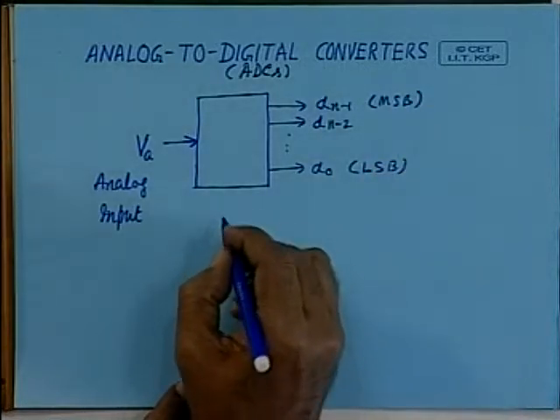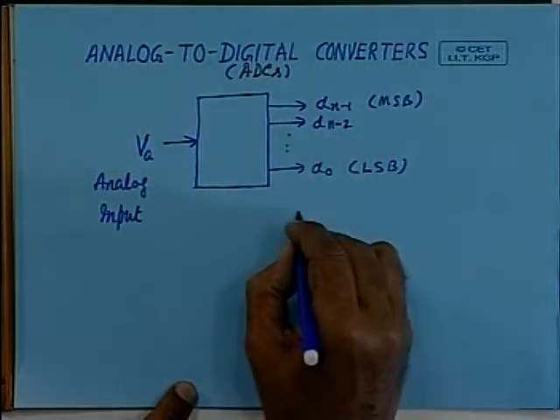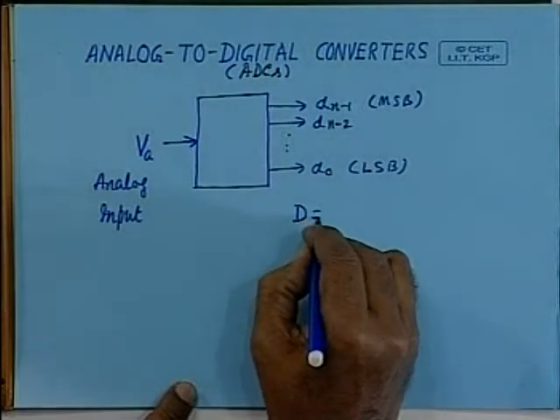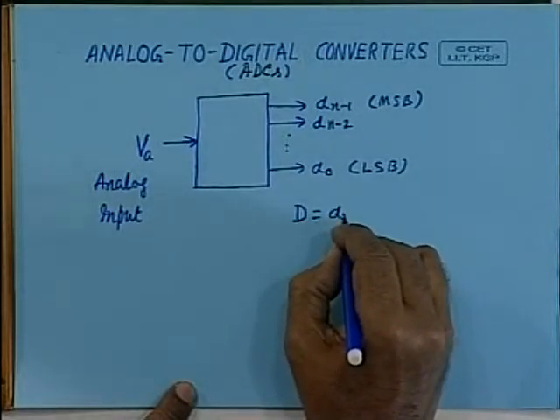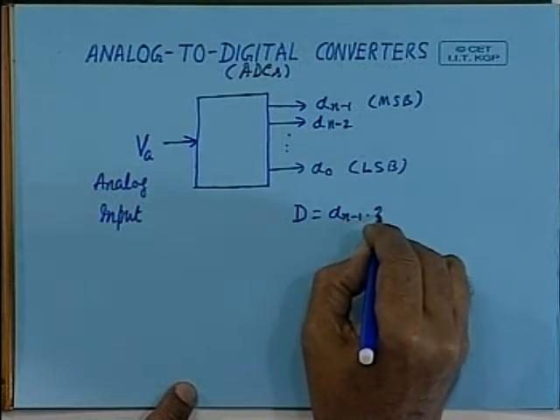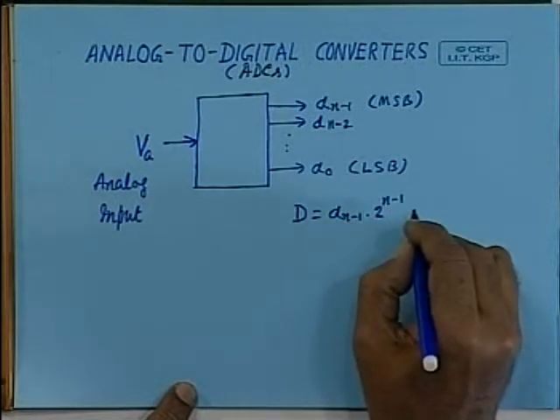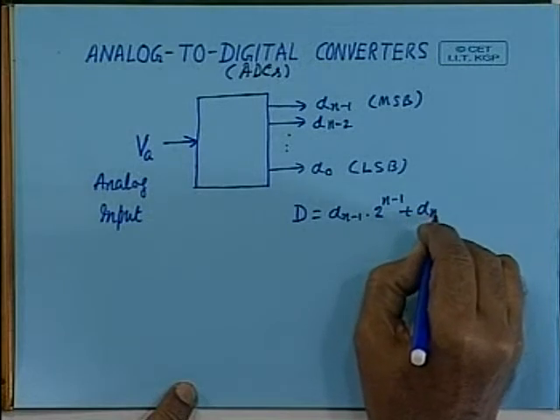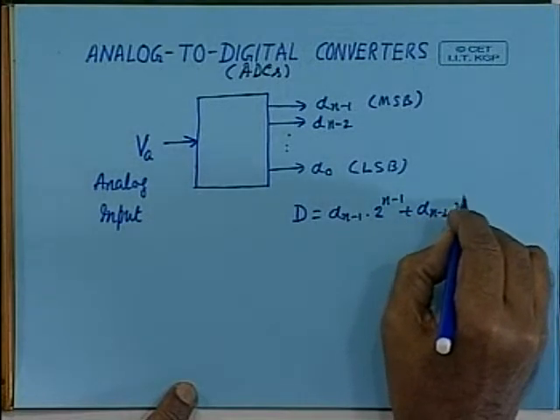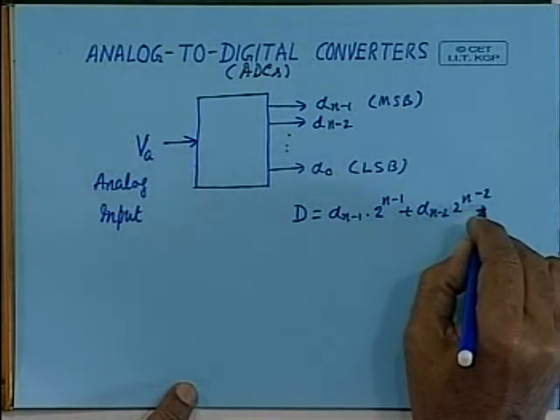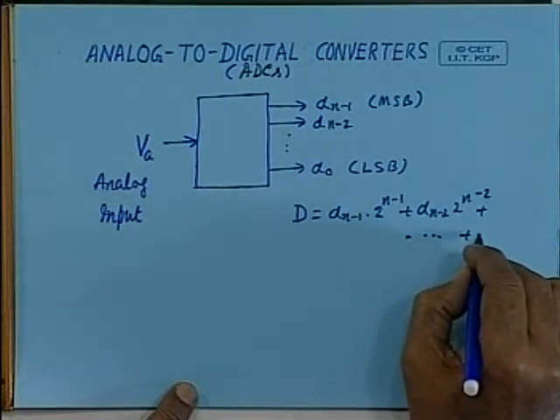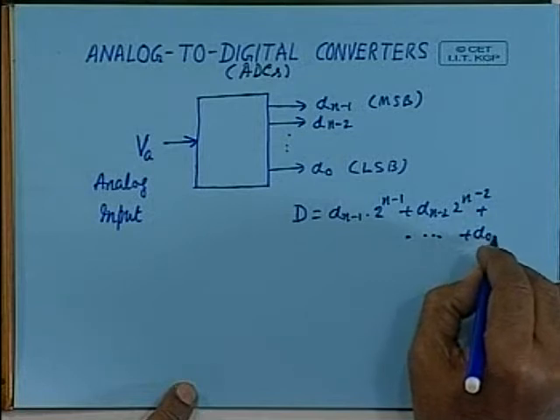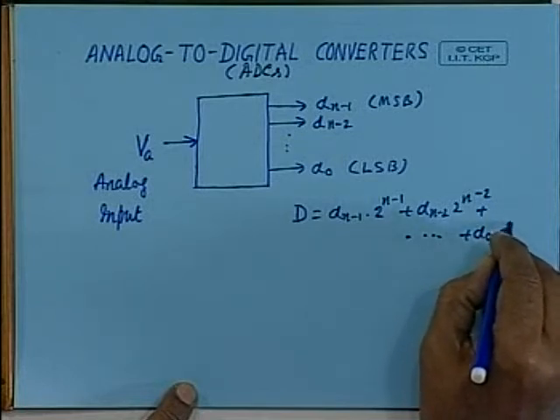So this digital data has the value D equal to Dn minus 1 into 2 to the power n minus 1, plus Dn minus 2 into 2 to the power n minus 2, plus dot dot dot all the terms, plus D0 into 2 to the power 0.